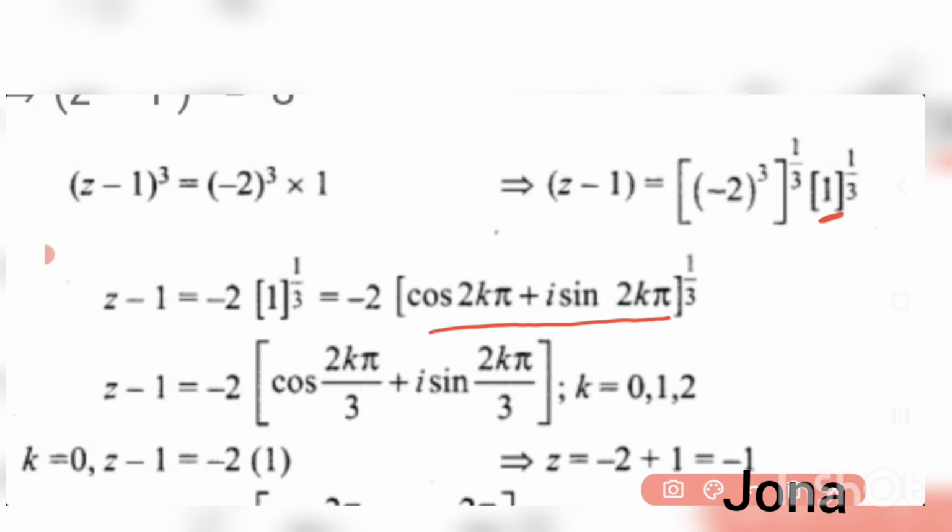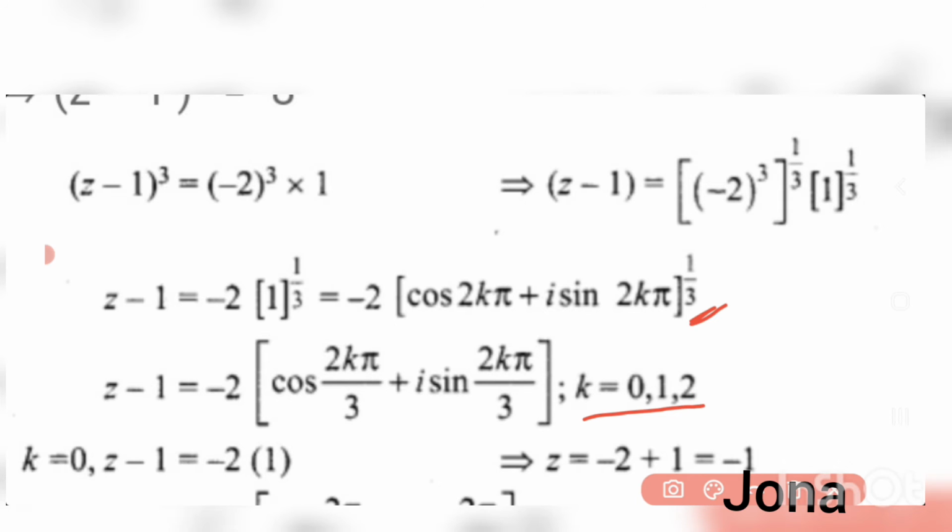Here (minus 2) the whole power 3 and the whole power 1 by 3 cancel, so we get minus 2 simply into 1 power 1 by 3. And instead of this 1 we can write its polar form.